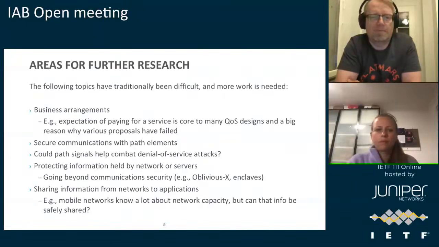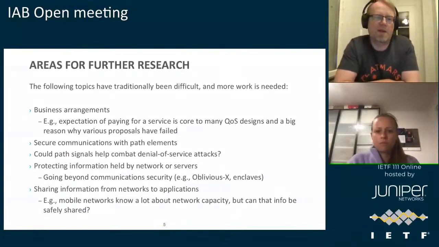And also, we in many cases talk about these path signals in terms of, well, can the application tell the network something, or should the application tell the network something? But there's also the other direction. It could be that the network wants to or can tell something to the application that would be useful in terms of the transport parameters or congestion control or future expectations of bandwidth and so forth.